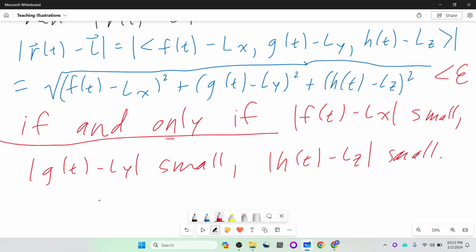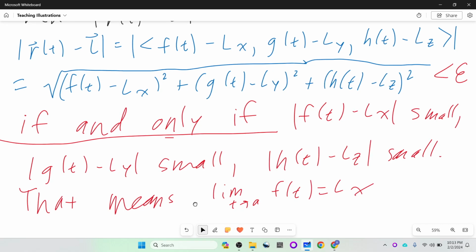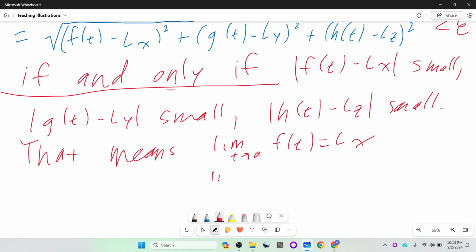And so if each one of these is small, that means the limit as t goes to a of f(t) equals Lx. And the same is true for the other ones: the limit as t goes to a of g(t) is Ly, and the limit as t goes to a of h(t) is Lz.